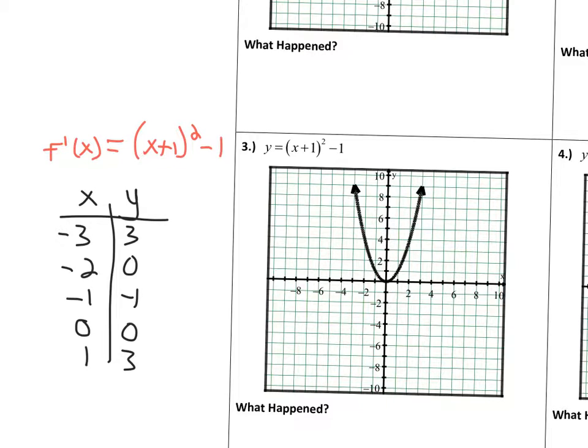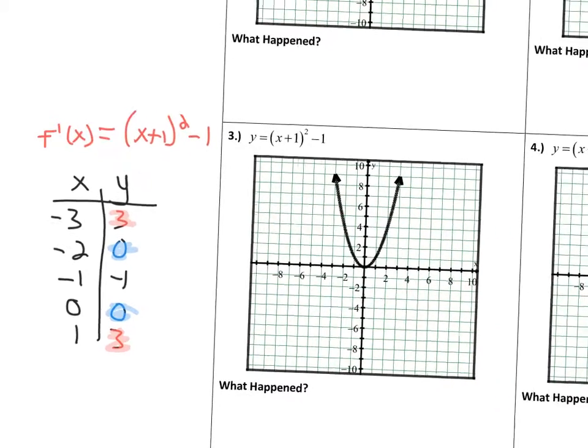You see on the Y's, the 3 and the 3 repeat right here, and the 0 and the 0 repeat right here. Only worry about those Y's, and the middle, we already know that is your vertex. All right, so let's plot those points on this graph.